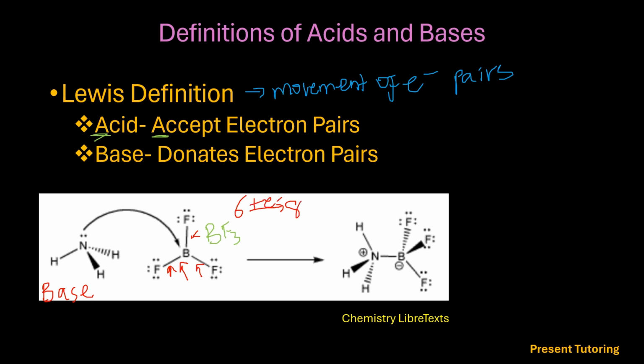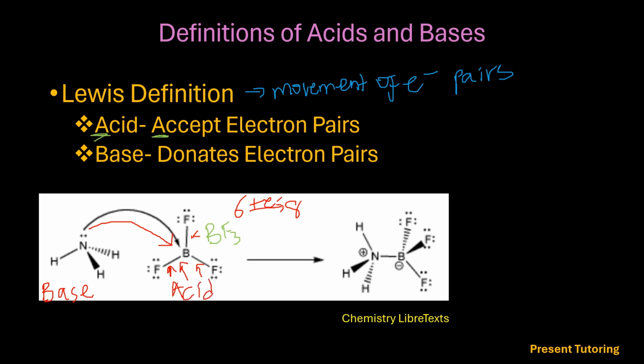And so that's why we can look at this reaction: ammonia, which is the base in this case, has an extra lone pair it's willing to share. Overall, ammonia will donate an electron pair to boron, and boron is going to accept the electron pair, making it the acid in this case.